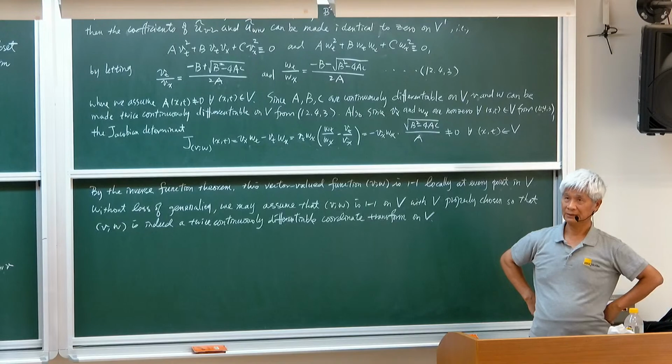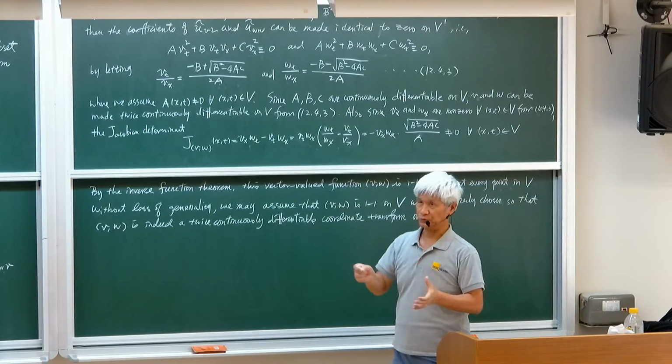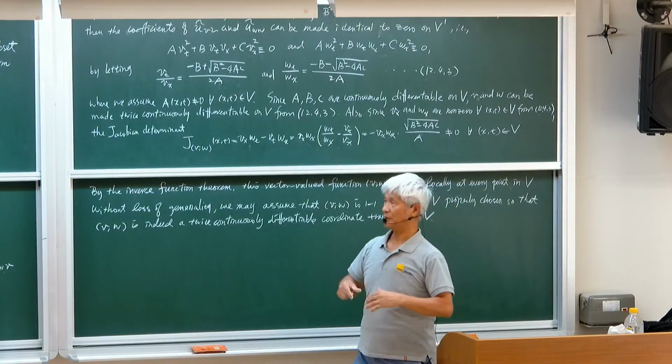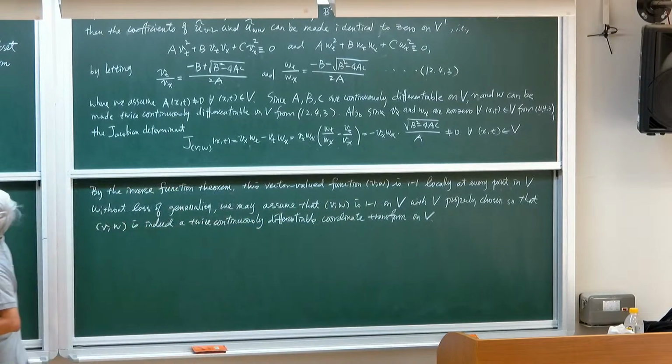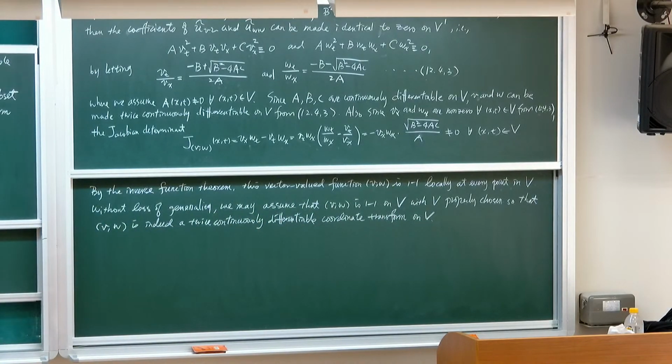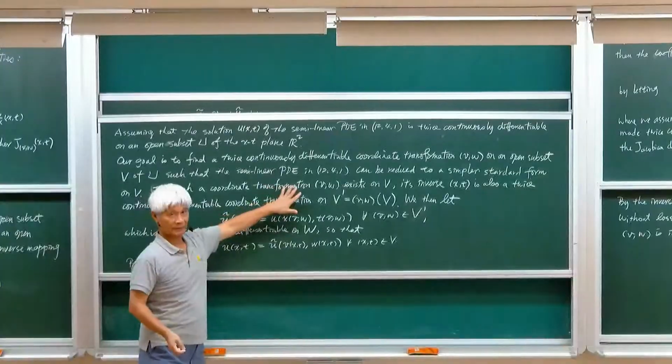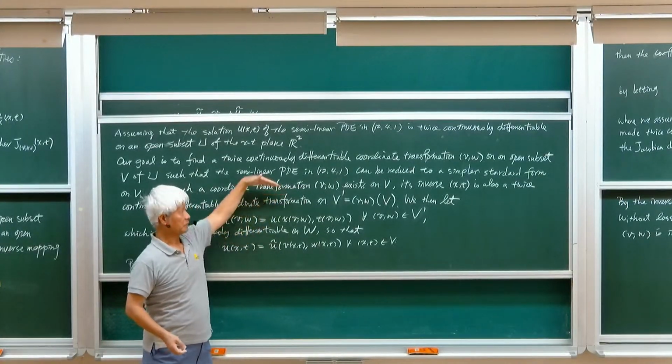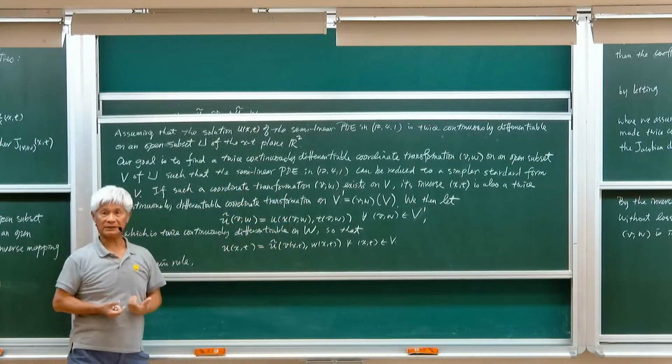Because originally we just attempted to find one of them. So remember, if such a coordinate transform exists, we try to find necessary conditions.